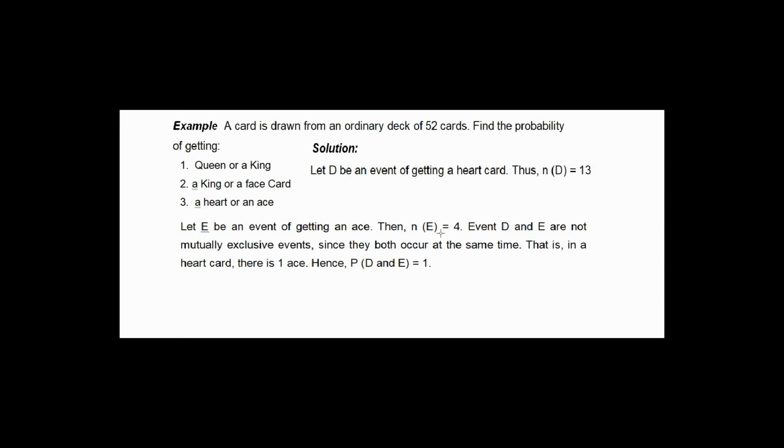Then N(E) is equal to 4 because there are only 4 aces in an ordinary deck of cards. Events D and E are not mutually exclusive since they can occur at the same time. That is, in the heart cards, there is one ace. Hence, N(D and E) is equal to 1.